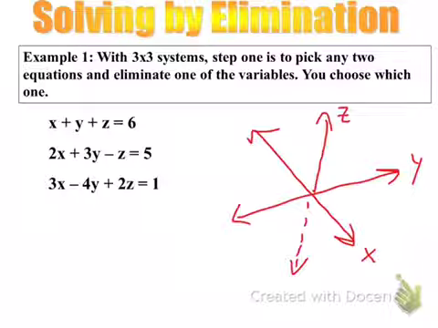These equations, x plus y plus z, is the set of all x, y, z points that add up to be 6. Here's an example of a point that's on that line. x is 2, y is 0, z is 4. Agreed? x is 5, y is 1, z is 0.